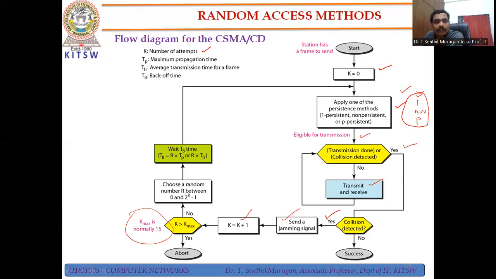So we already know the CSMA process. Back-off time, average transmission time, everything is applicable here. But if no collision is detected, the frame is successfully received. If it happens more than 15 times, the transmission is aborted.